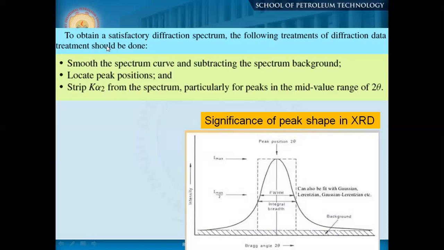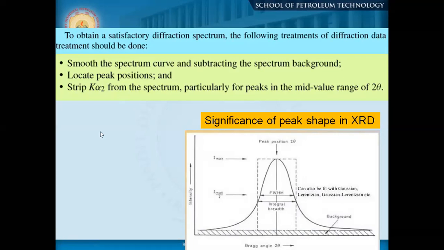To obtain a satisfactory diffraction pattern, the following diffraction data treatment should be done. You can smoothen your spectrum data and locate the peak positions. Your peak may shift in one direction or the other, due to instrumental error, or due to your sample orientation when you are placing your powder samples into the sample holder.